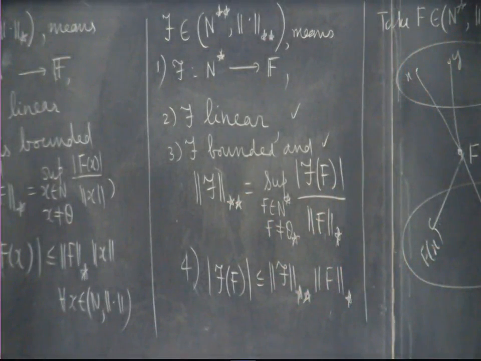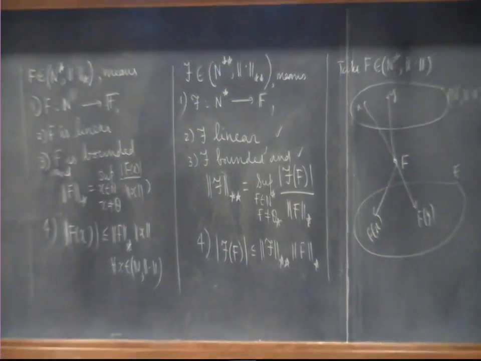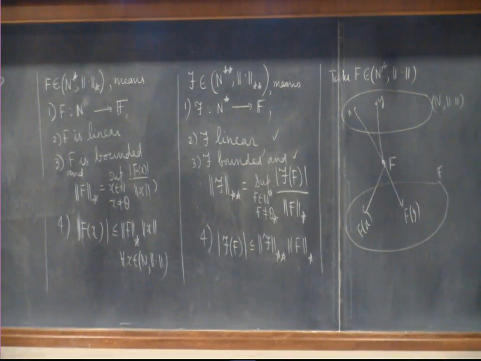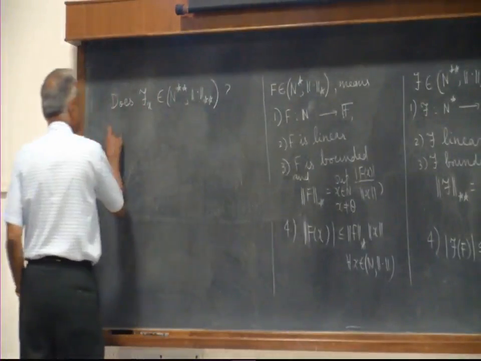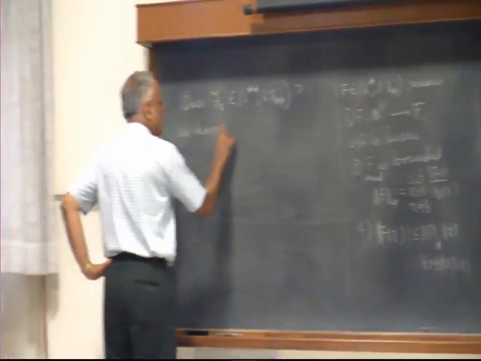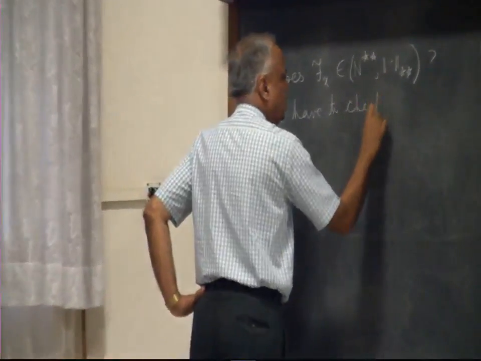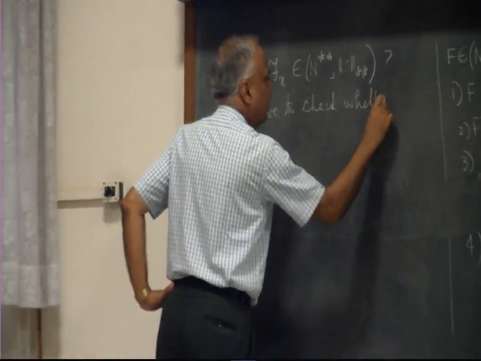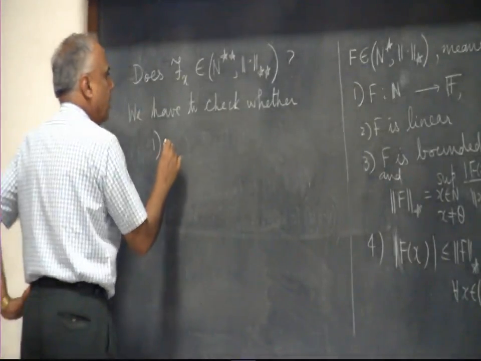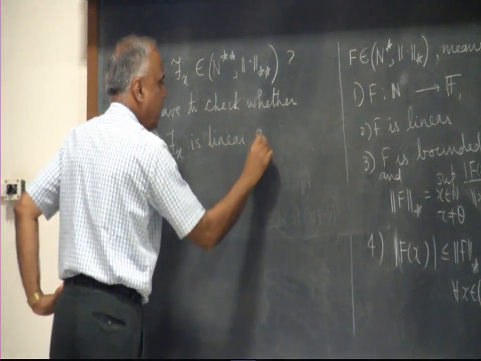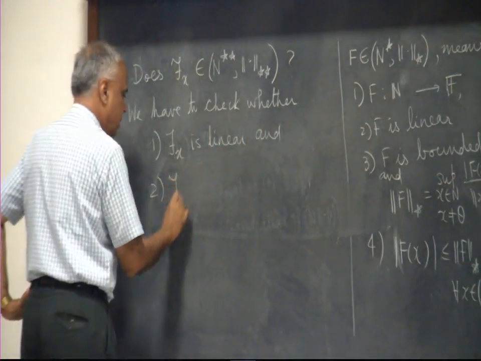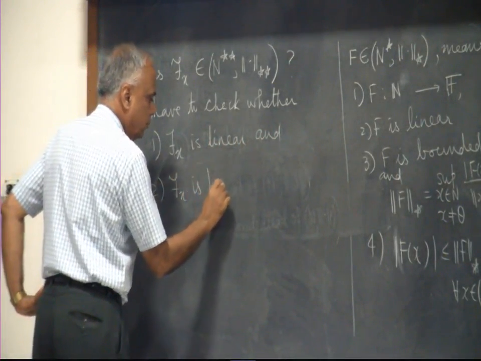So to check whether it belongs to N double star, I want to make sure that it is a linear functional on N star, and this is a bounded functional on N star. So we have to check whether F_x is linear and F_x is bounded.